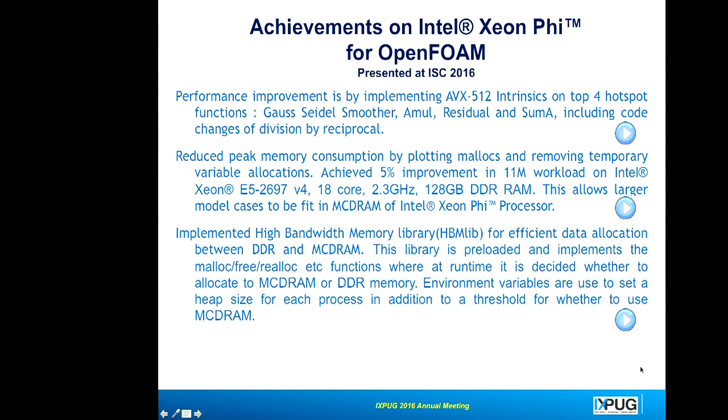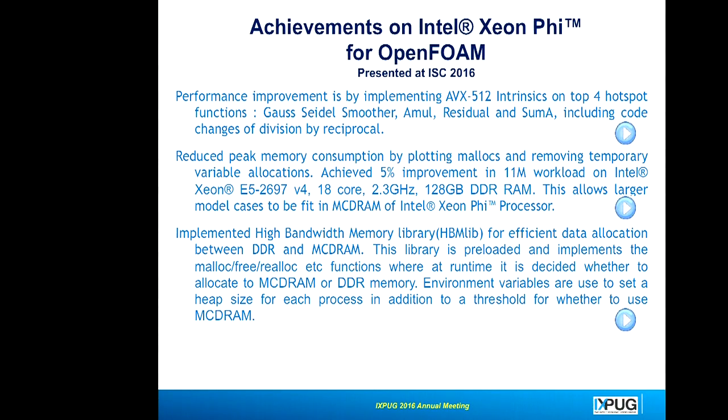And the third one, which I was talking about during the tutorial, is HBM lib, the high bandwidth memory lib. There have been lots of discussions going on since yesterday about how to divide the workload between MCDRAM and DDR, and how effectively you can do it.